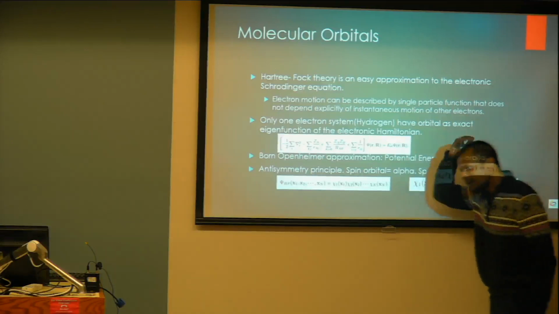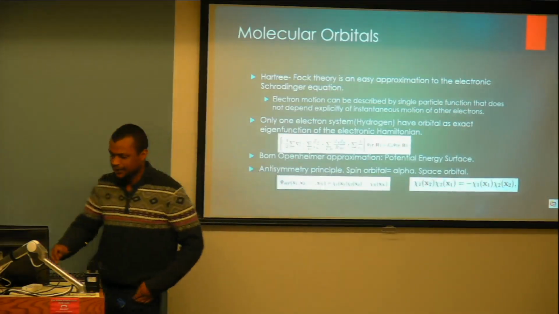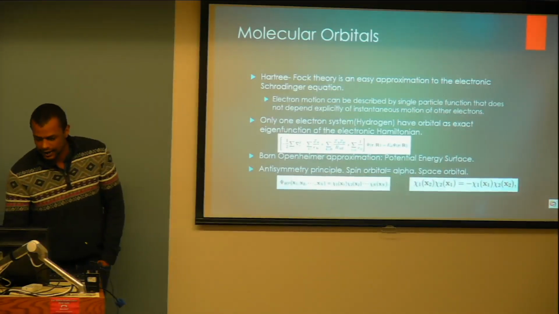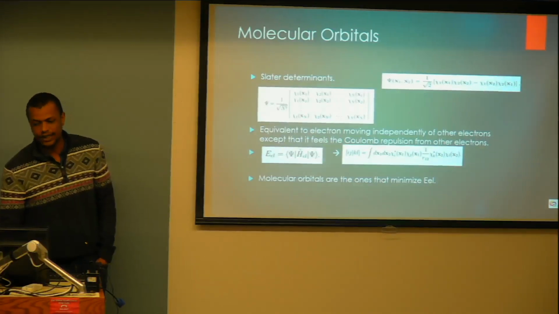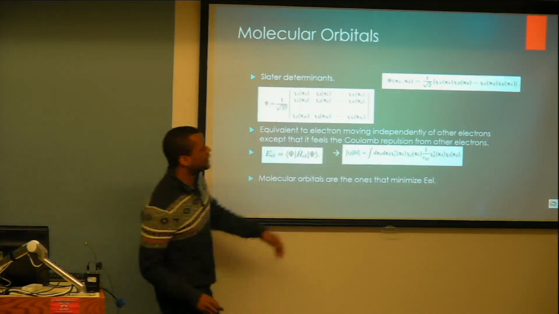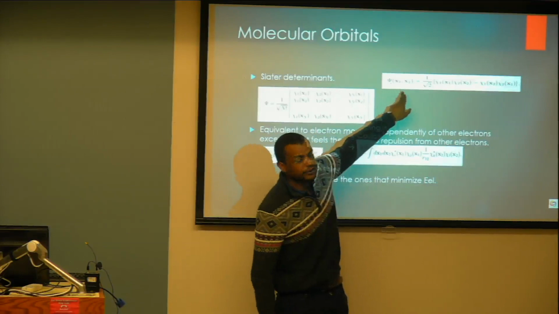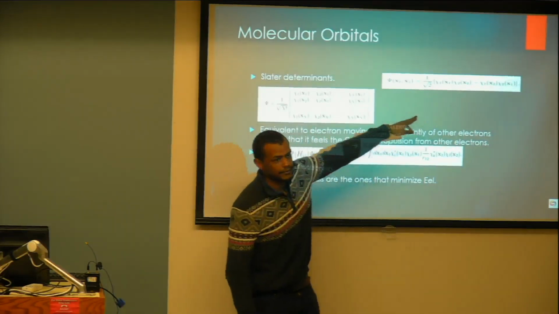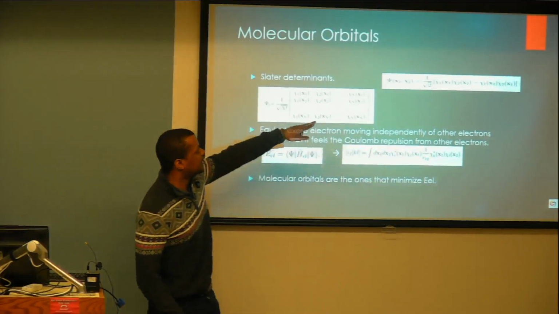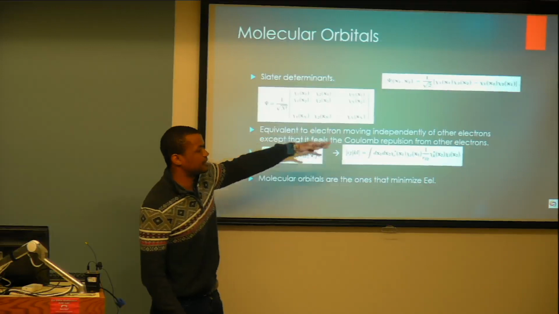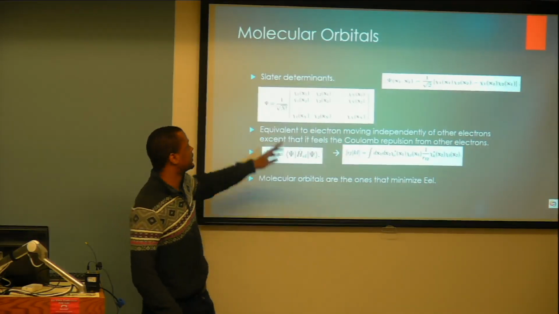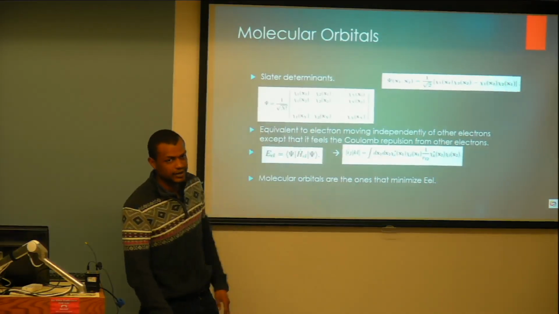But then the Hartree-Fock approximation didn't satisfy that, and the only way it could satisfy it for the case of two electrons is if the wave function looked like this. This equation can be represented by a determinant, which is called the Slater determinant.